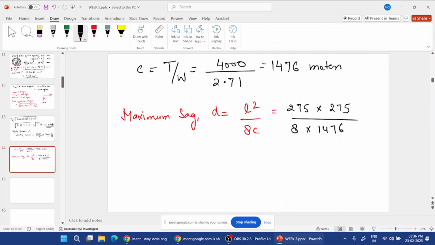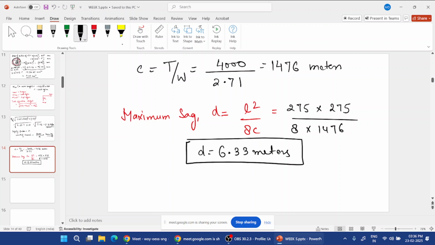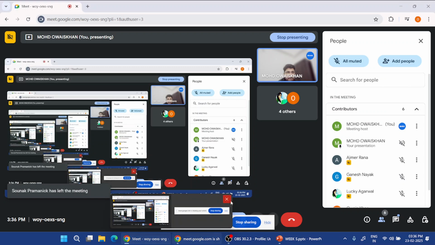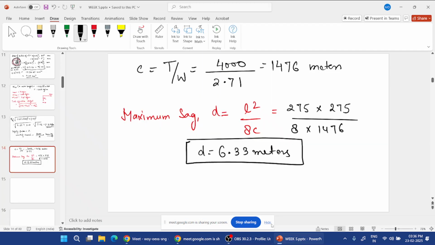I think it comes out to be 6.33 meters. So this is the maximum sag in this question. I hope you have understood this problem. This is how we calculate the sag in any question.